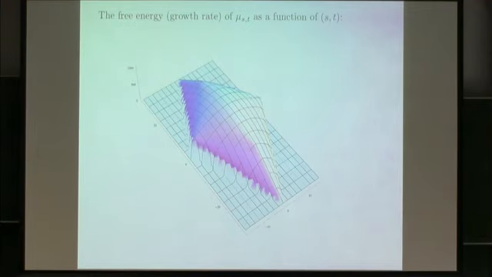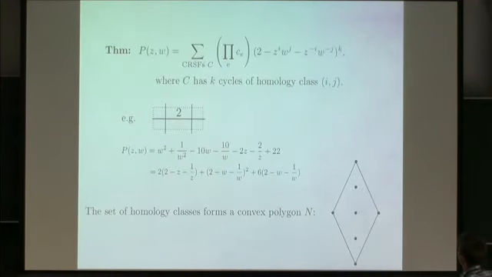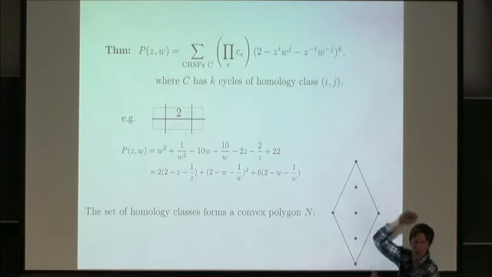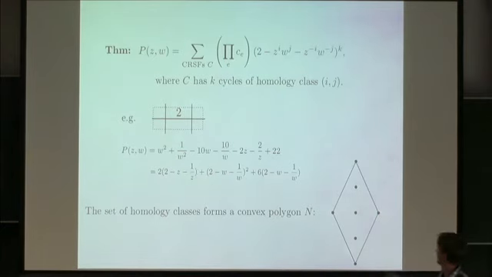So this function, which is the growth rate or entropy of those measures μ_st, actually is analytic everywhere except, in this case, those 2 points. Those 2 points are the ones which were integer points in my original Newton polygon. There's also an integer point here, but this actually turns out to be smooth there.